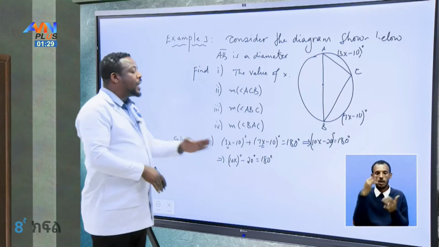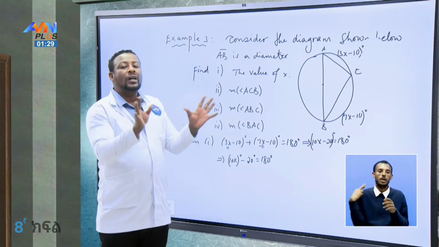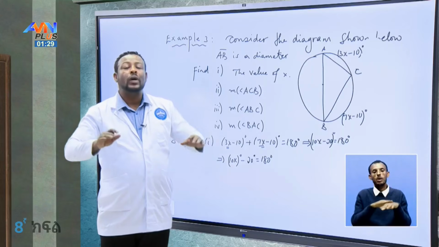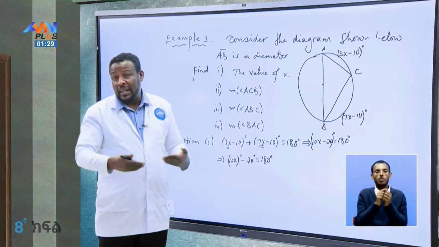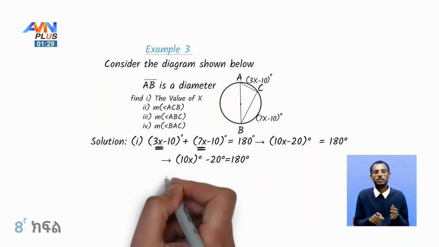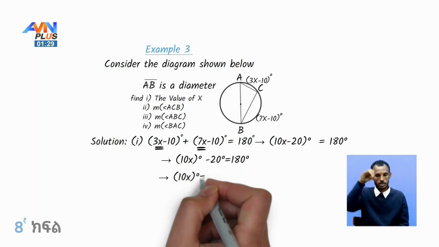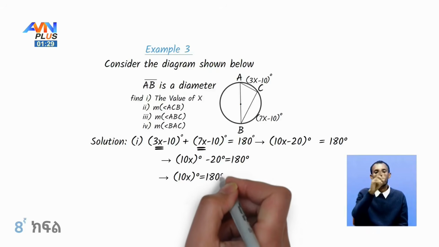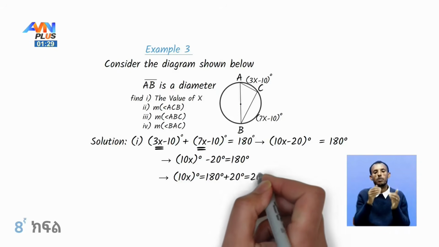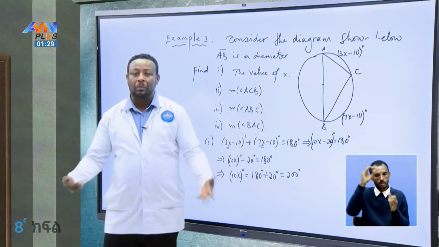Now you can take minus 20 to the right, or you can add the same quantity on both sides. You can add 20 degrees on both sides so that on the left side it remains 10x. Therefore, 10x degrees is equal to 180 degrees plus 20 degrees, which is 200 degrees.